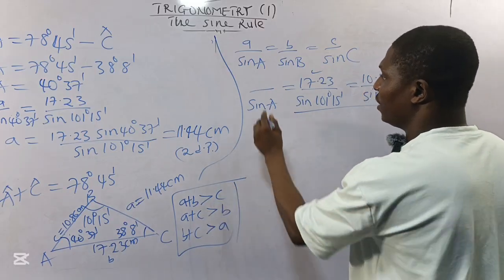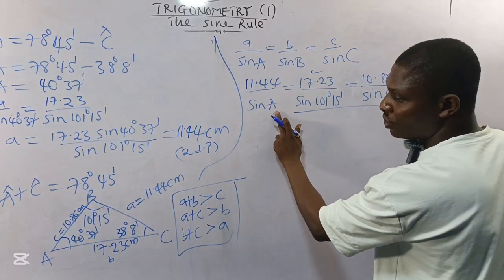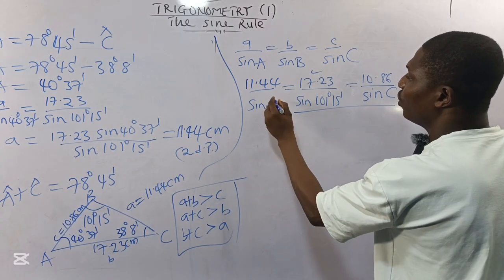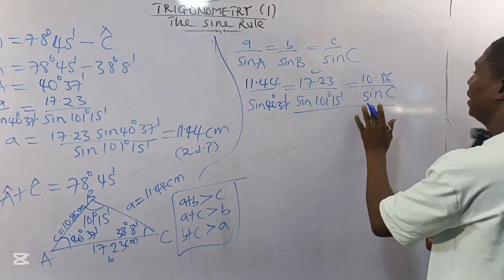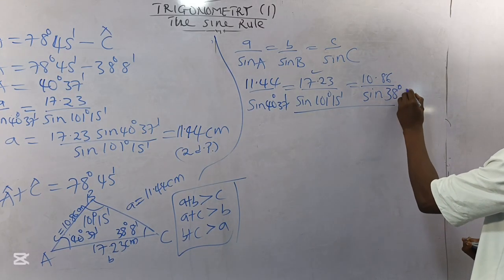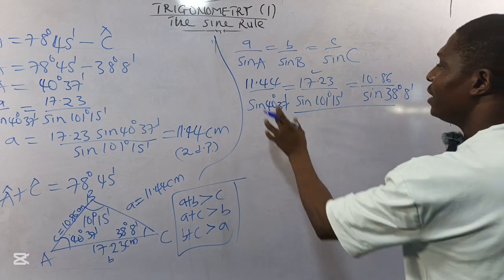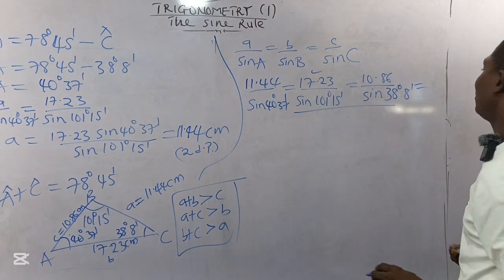Remember, we are done solving. 11.44, my capital letter A, which is the angle, is 40 degrees 37 minutes, and my C is 38 degrees 8 minutes. If I get all this, they will be equal.